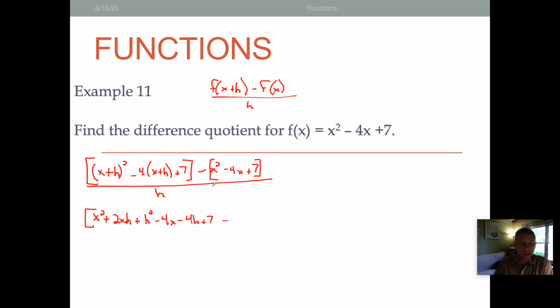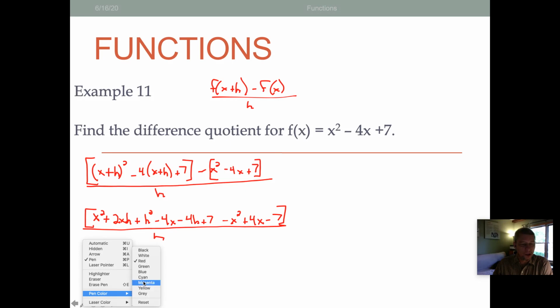Then minus, now I'm going to distribute the negative here, so minus x squared plus 4x, because negative times negative is positive, minus 7. Again, all over h.